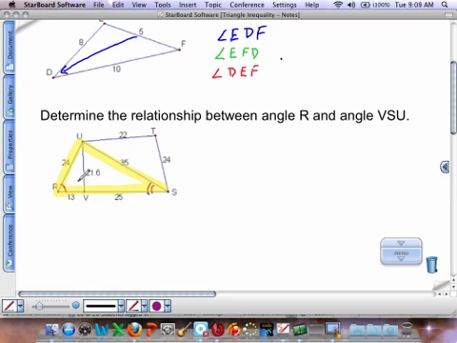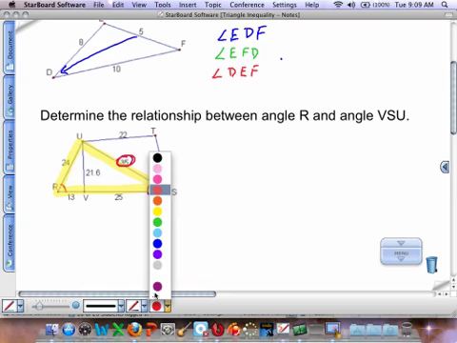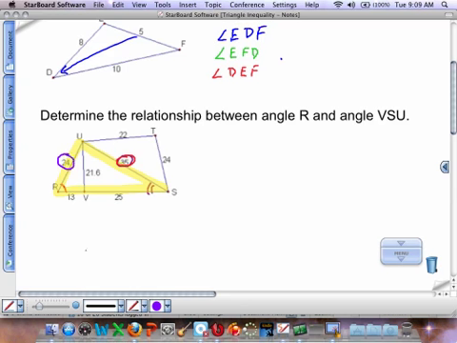All the way across. 35. Okay, so that's opposite of angle R. Now, what's opposite of angle VSU? 24. Okay, so which one's larger, the 35 or the 24?